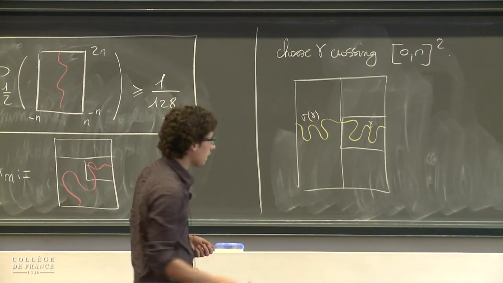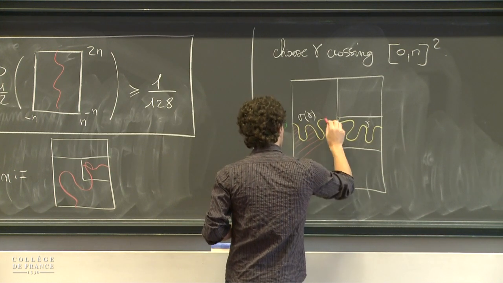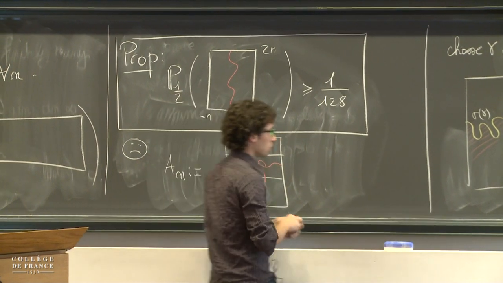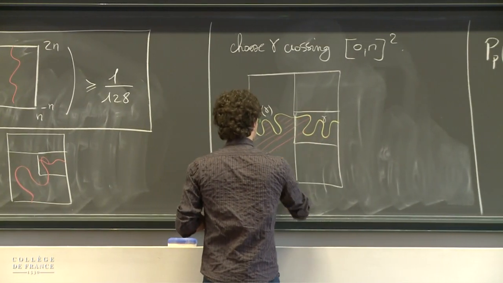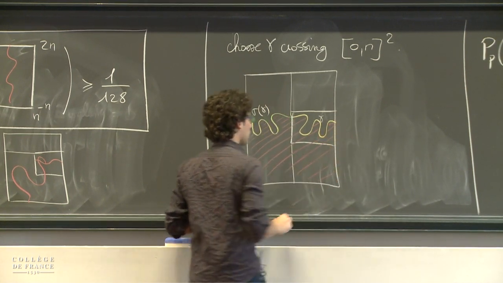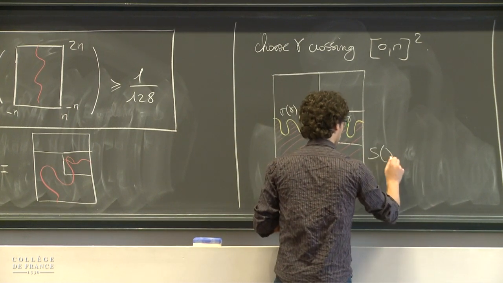And all of this defines a set. I get a set below gamma and sigma of gamma, which I will call S of gamma.